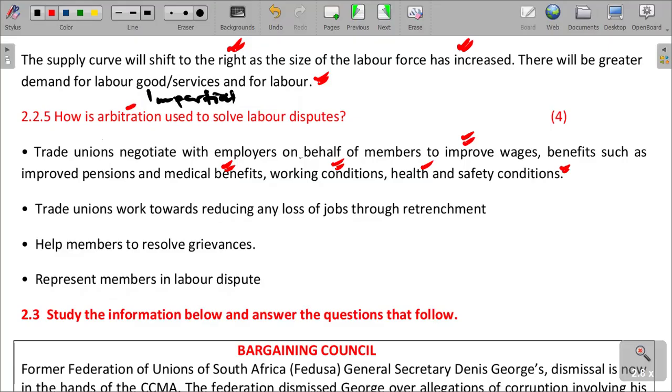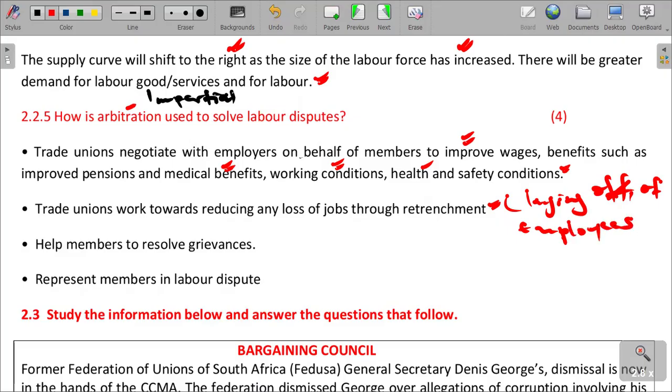They are standing on behalf of employees, negotiating with the employers. That is one thing. And then two, trade unions work towards reducing any loss of jobs through retrenchment. Retrenchment is people being laid off, laying off of employees. That is retrenchment.